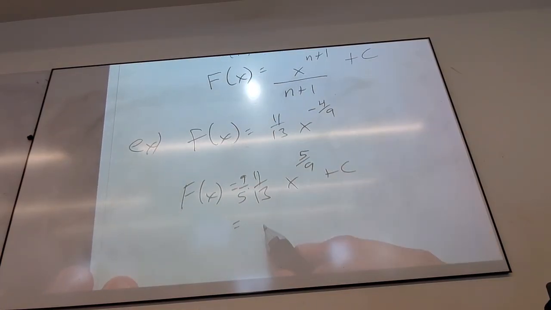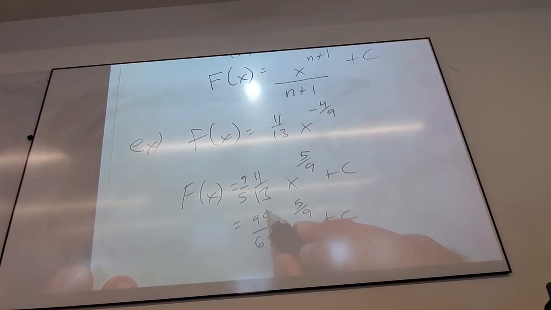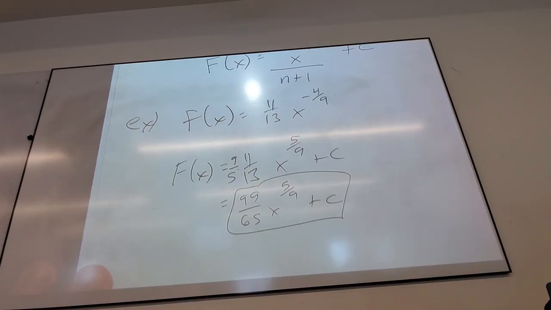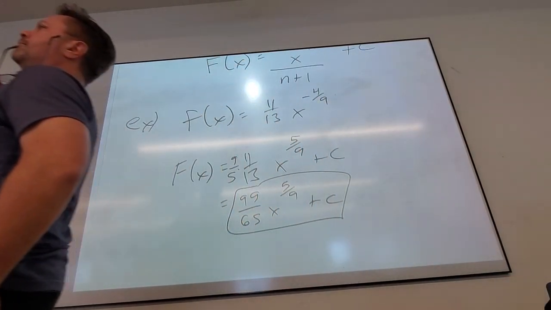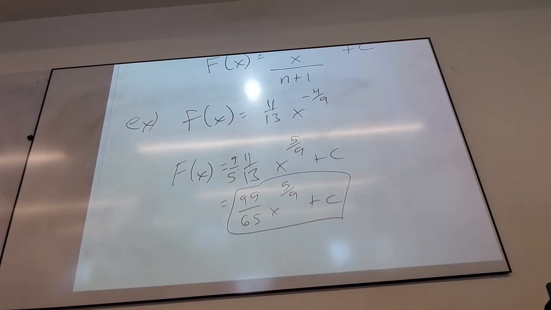And then this, I've chosen poorly. What is that, Jeff? Good job, buddy. I think 99/65. Thank you, Joanne. Okay. Gross looking. Easy to do. That's my hope.